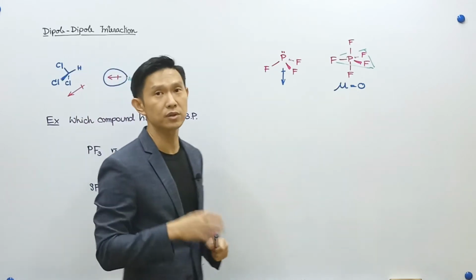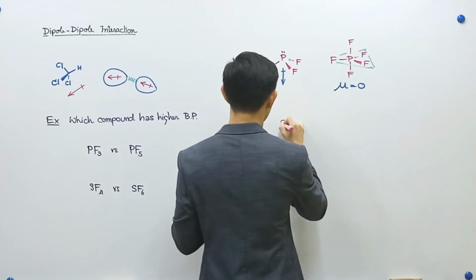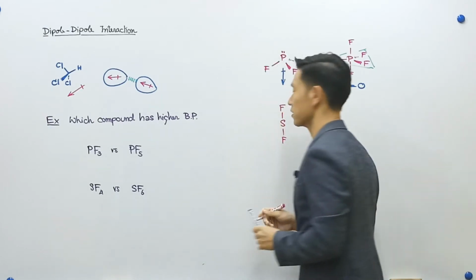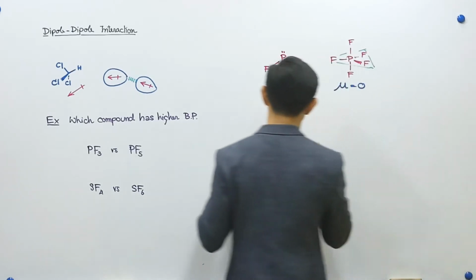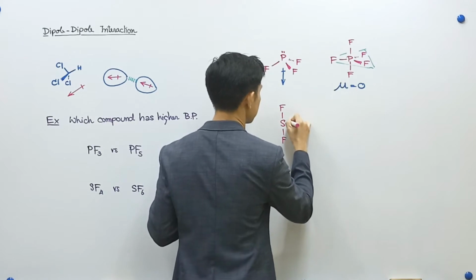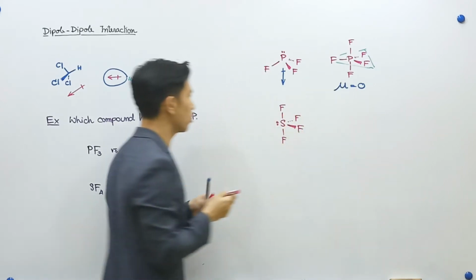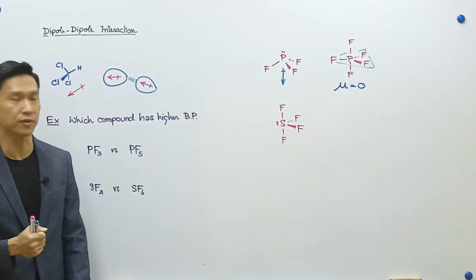PF3 is a dipole molecule, but PF5 is a nonpolar molecule. Now we come to SF4 and SF6. SF4, because sulfur contains 6 valence electrons, right? But 4 of them are now taken away by fluorine atoms, leaving 1 electron pair on your central sulfur atom.